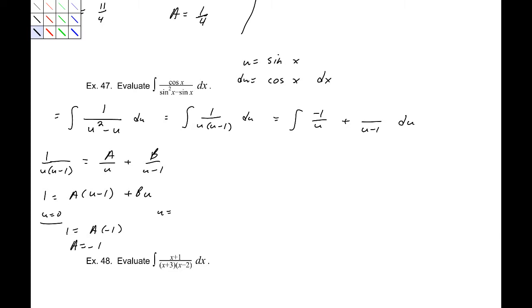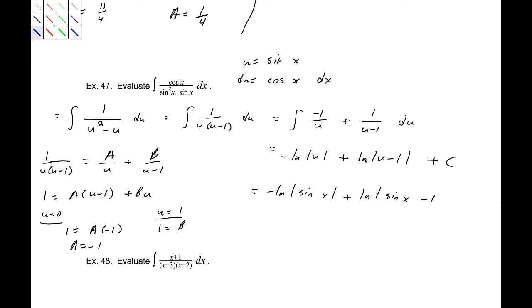Now if u equals 1, then I determine 1 equals b. So b is 1. Now, integrating this, we get negative natural log absolute value of u plus natural log absolute value of u minus 1 plus c, and of course, substituting back in, u is sine x, so negative natural log absolute value of sine x plus natural log absolute value of sine x minus 1 plus c.